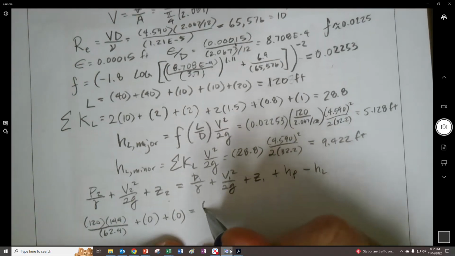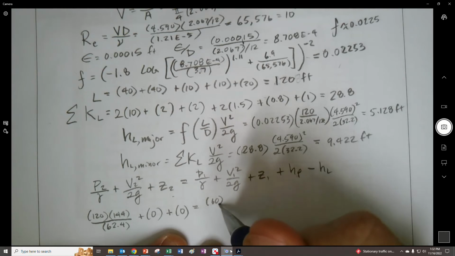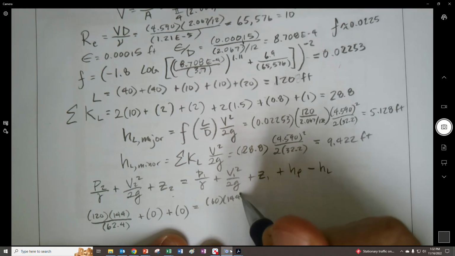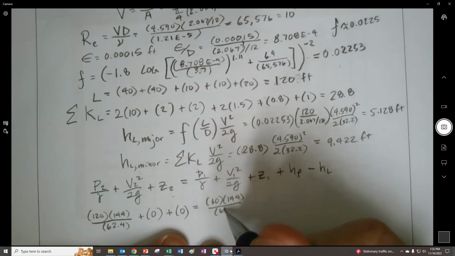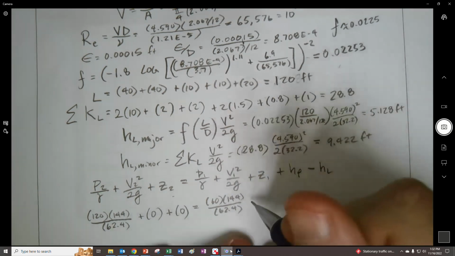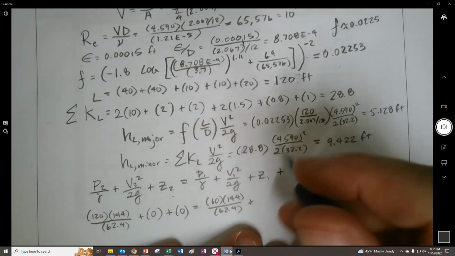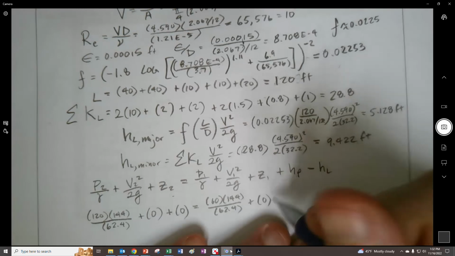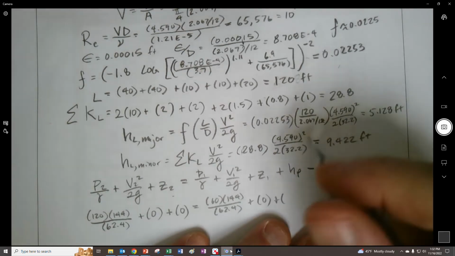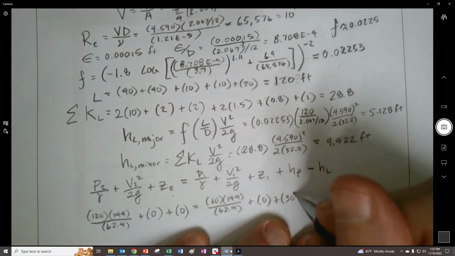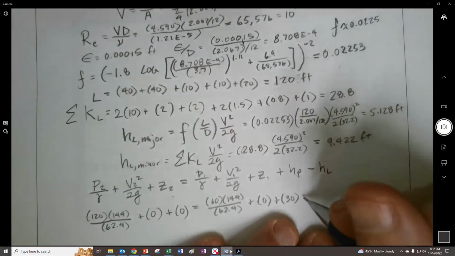We're going to start out at 60 psi, so also 1 times 144 divided by 62.4. Once again, we're going to go for the surface, so we can take that as 0. And as I pointed out, we're going to start out at 30 feet and drop down.